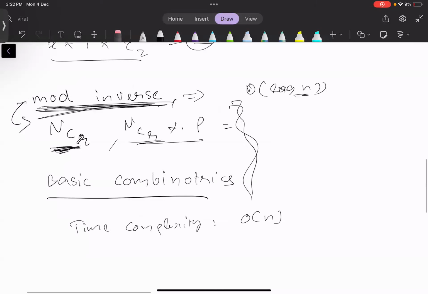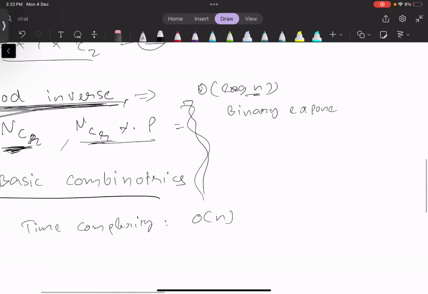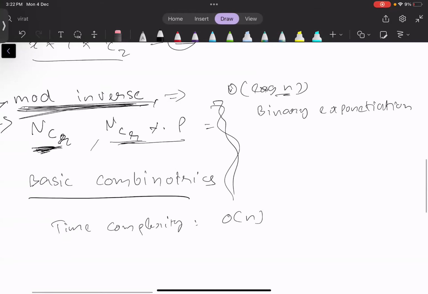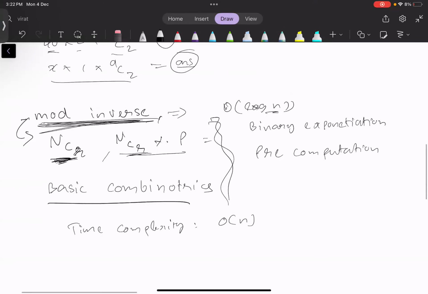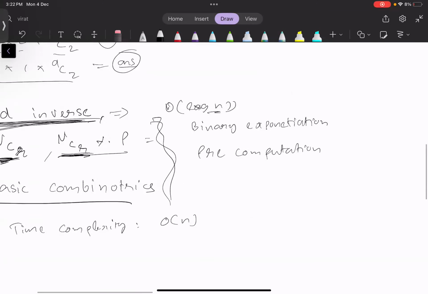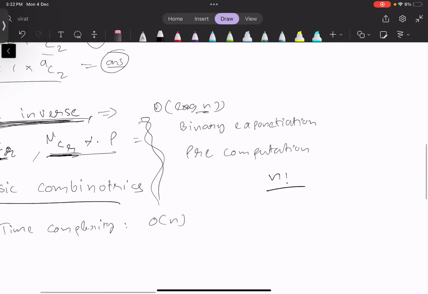So that we can include as one more prerequisite. We need to know binary exponentiation, and we also need to know pre-computation. When we find out NCR, the formula requires n factorial divided by n minus r factorial times r factorial, right?